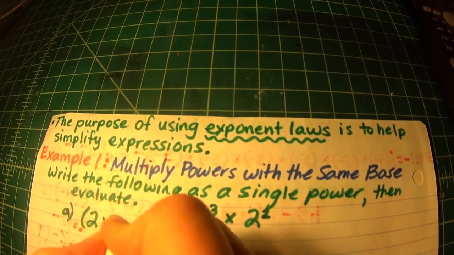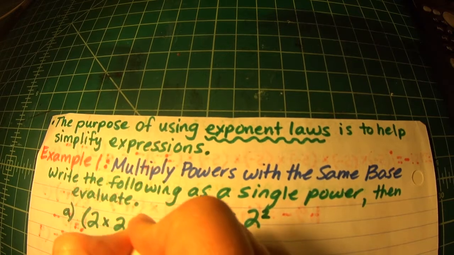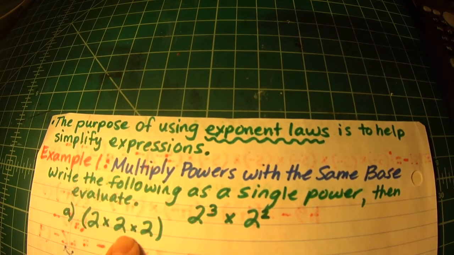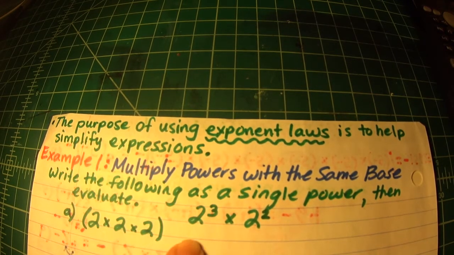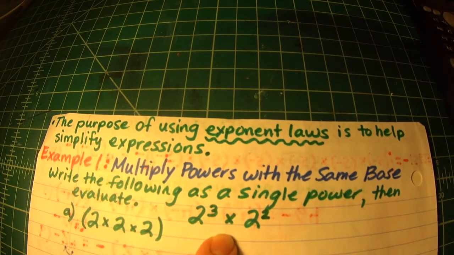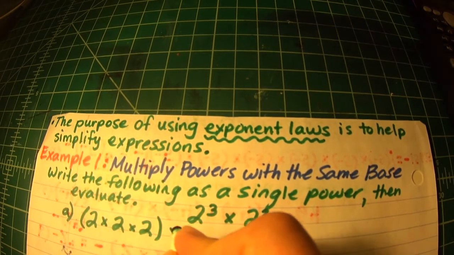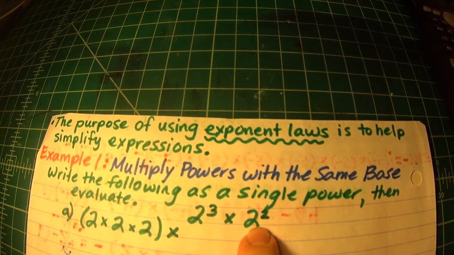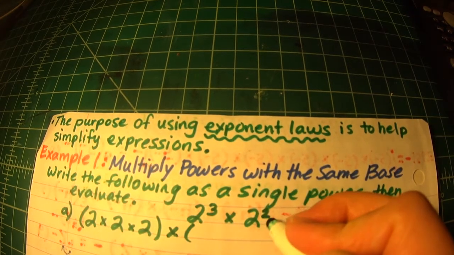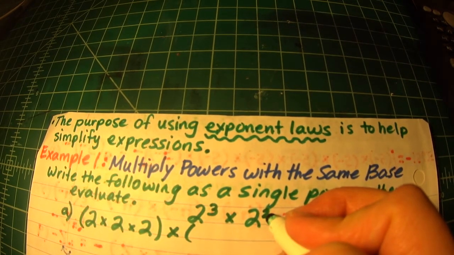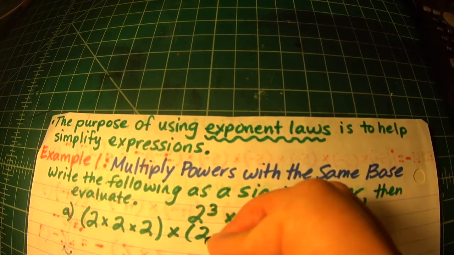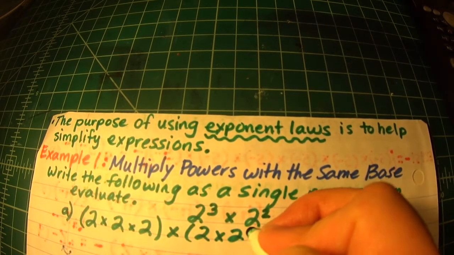So 2 times 2 times 2. There is the repeated multiplication for the first one. And then I'm multiplying that by 2 squared. Again, base gets repeated by itself twice. 2 times 2 is how it looks.